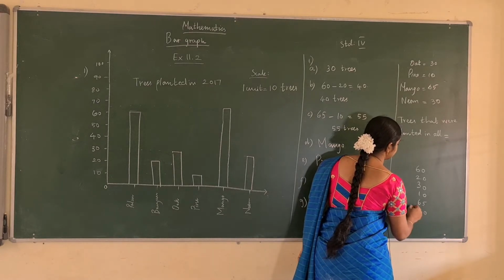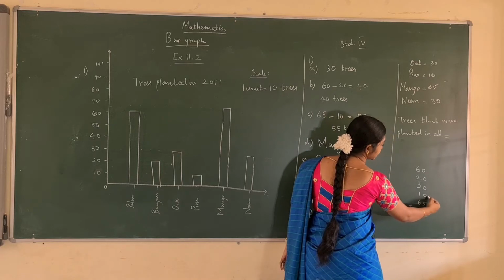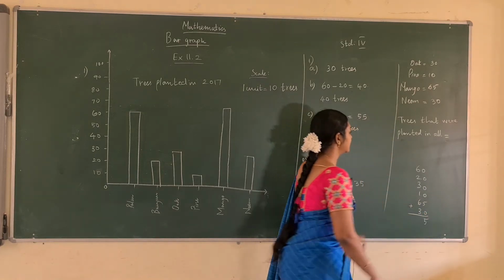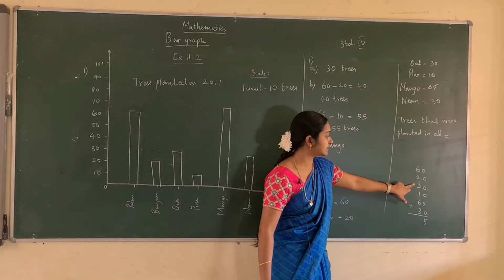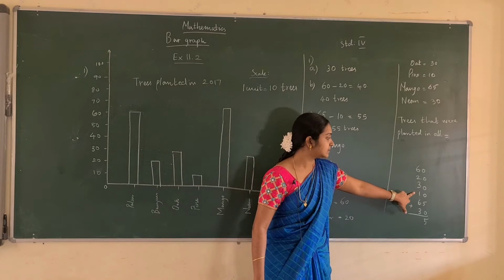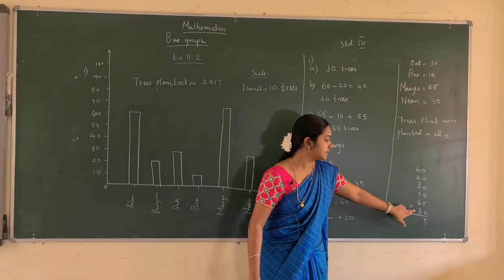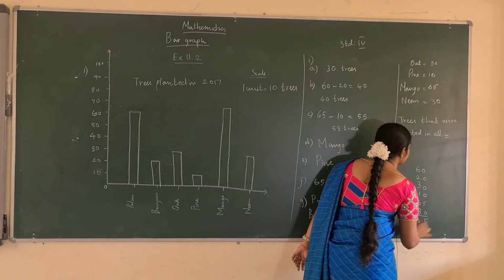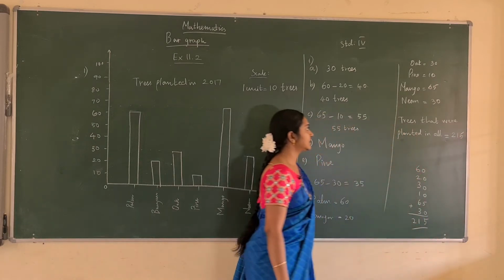Now add: 0 plus 0 plus 0 plus 0 plus 5 plus 0 is 5. 6 plus 2 is 8. 8 plus 3 is 11. 11 plus 1 is 12. 12 plus 6 is 18. 18 plus 3 is 21. So it is 215. So 215 is the answer.